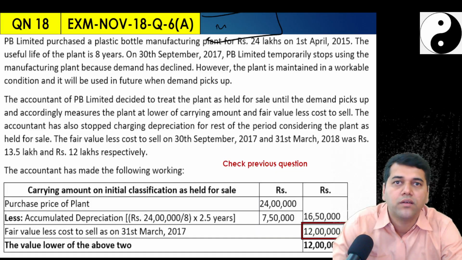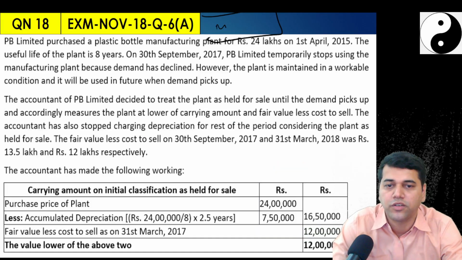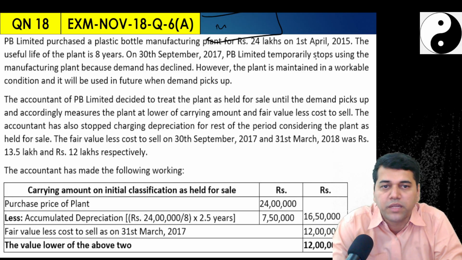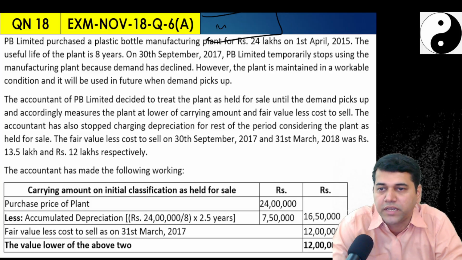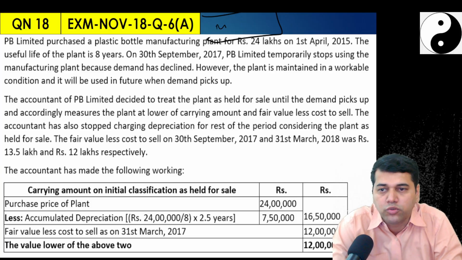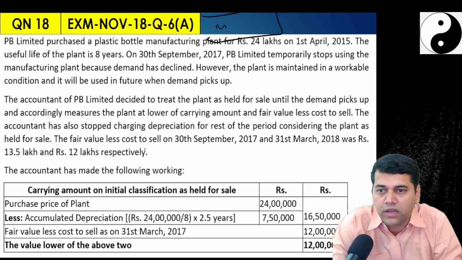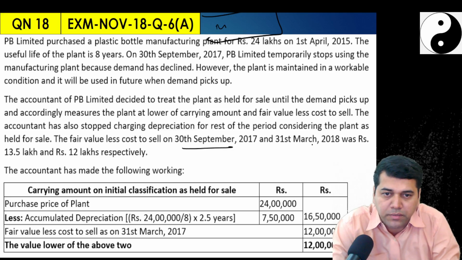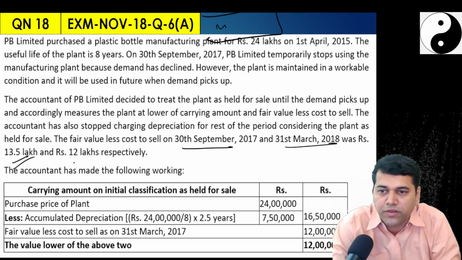Okay, extra para, we'll see. First of all, PB purchased a machine for 24 lakhs, and on 30th September temporarily stops, demand declined, plant is maintained workable. The accountant decided to use fair value less cost to sell and stopped charging depreciation. Fair value less cost to sell on 30th September and 31st March is 13.5 and 12 lakhs.